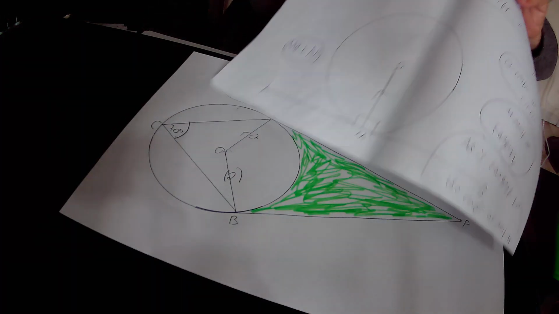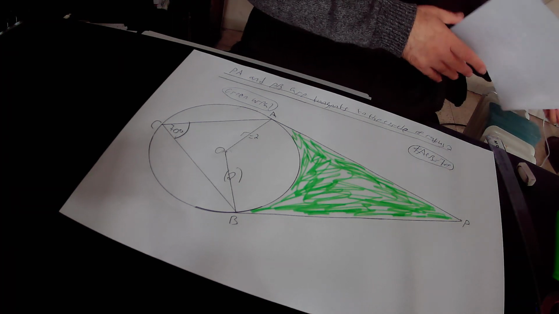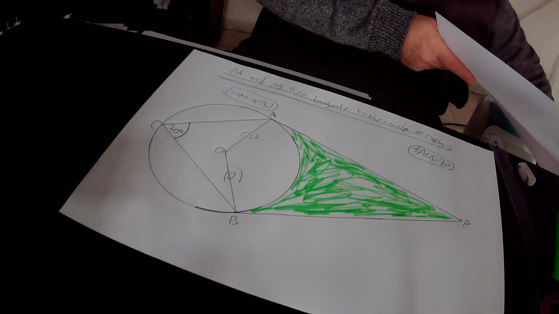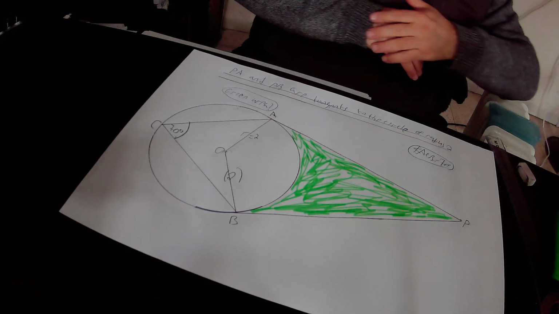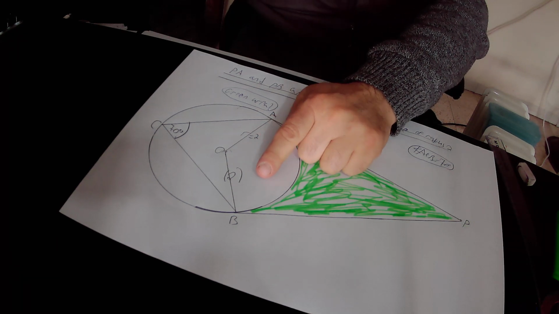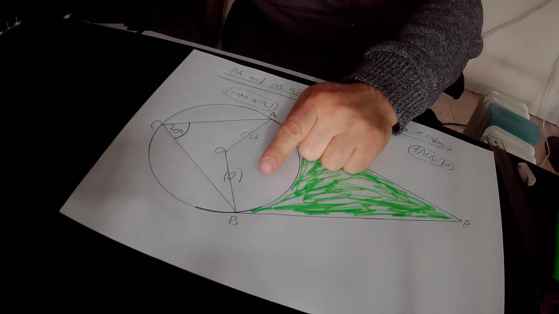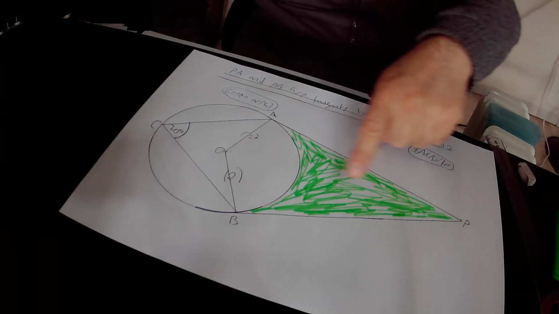Actually, we can implement rule 1 in our drawing. Why? Because in our drawing we have the radius OB that is drawn to point B, that is the point of tangency of tangent PB with this circle.